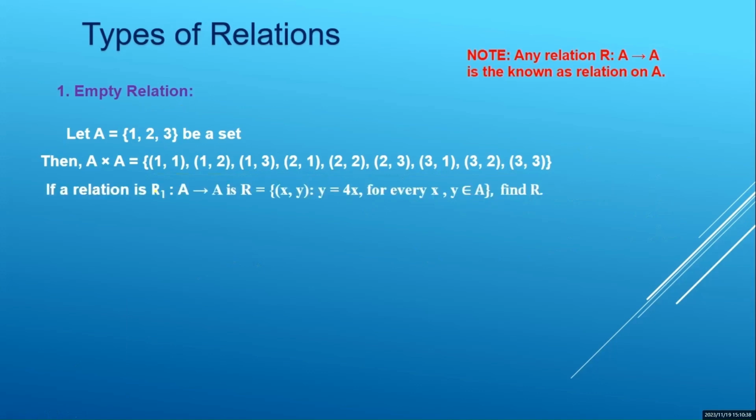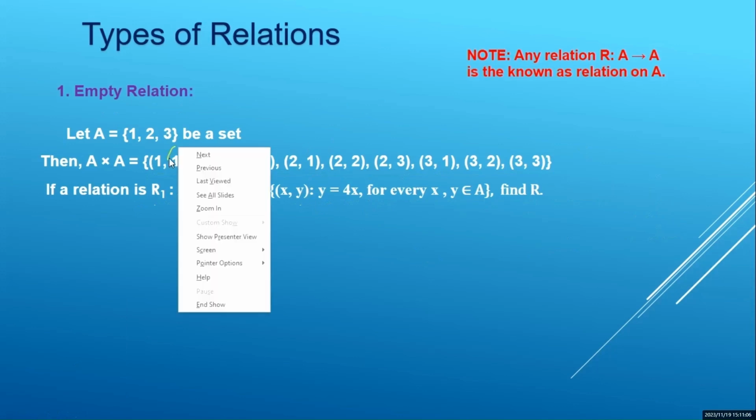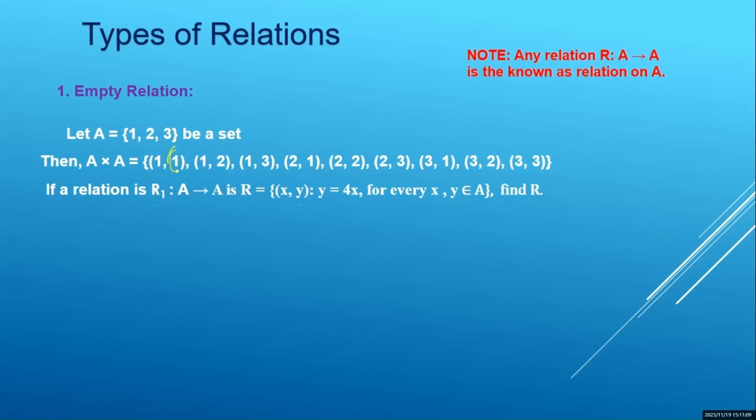And suppose we have a relation R1 from A to A, that means relation R1 is defined on set A. Suppose R1 is equal to {(x, y) such that y equal to 4x}. That means the second number of the ordered pair must be 4 times the first number. Is it possible?